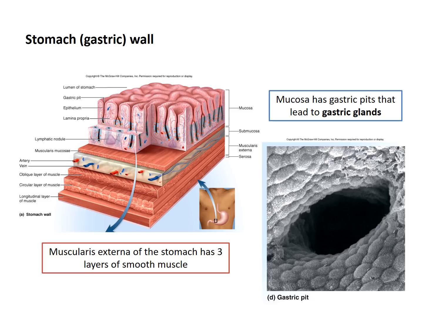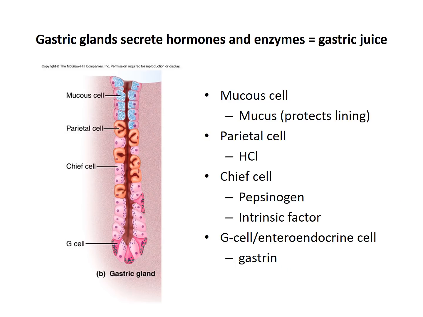If you look in the left photo, you can see those gastric pits, right? Those areas that are diving down into the mucosa, and those pits are all lined by epithelial glands, and we'll look at the importance of those epithelial glands in a second here. So here's a gastric pit lined by different types of epithelial cells.